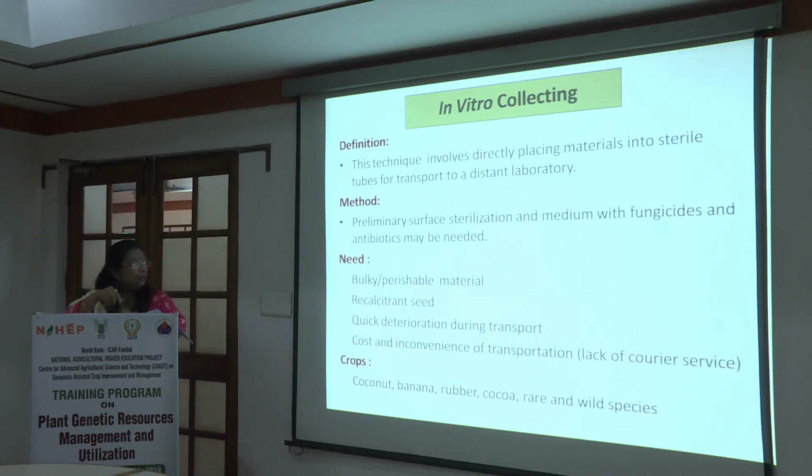And again, it is done in cases of bulky or perishable material, recalcitrant seeds, and for quick transport in cases where material gets deteriorated, and to reduce the cost of transport. Typical examples where in vitro collecting has been done are in coconut, banana, rubber, cocoa, and many rare and wild species.